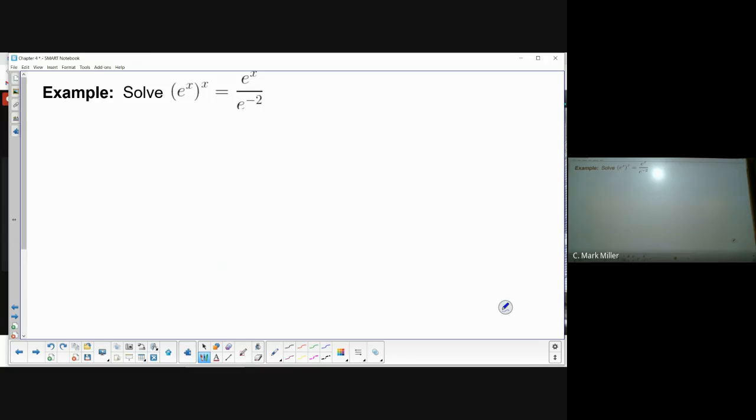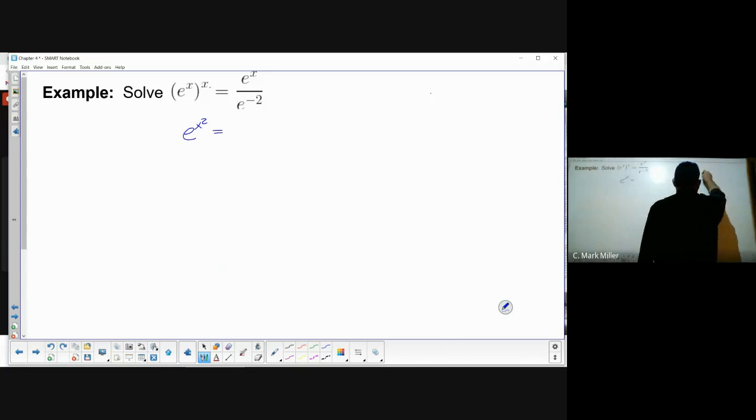Now we have e to the x squared divided by e to the x plus 2. We're going to use properties of exponents. What else? x to the a divided by x to the b is x to the a minus b.